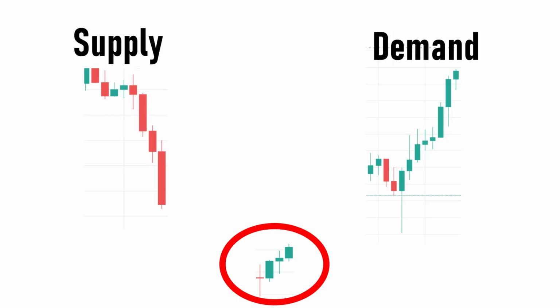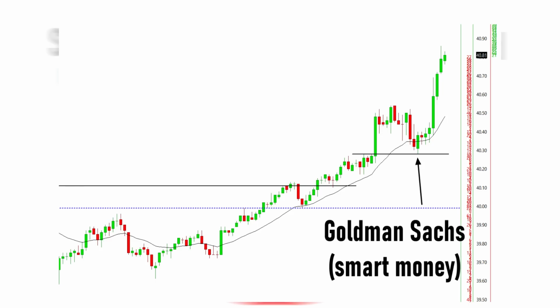Remember, we are retail traders. We don't have enough money to move the market. These guys are dealing with millions and billions of dollars. Let me ask you this question. If you knew Goldman Sachs was about to buy right now at this key level, are you telling me that you would not go behind them and buy right away? Of course you would, because Goldman Sachs has a high win rate.